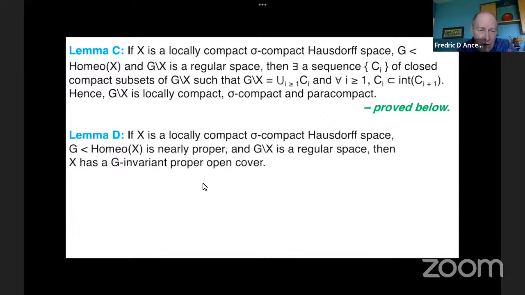Recall that to get started on creating a proper gauge structure, you need a single G invariant proper open cover. If you can get that, then you can use these techniques that I've already described, including that contagion technique, to get a proper gauge structure.